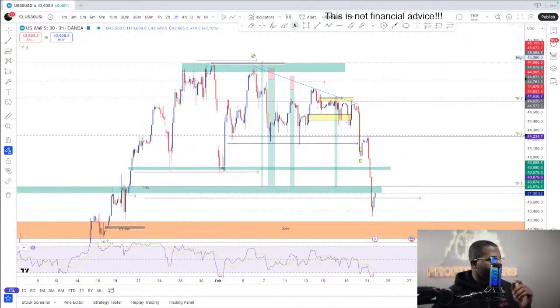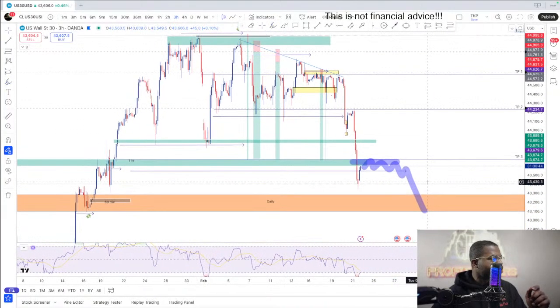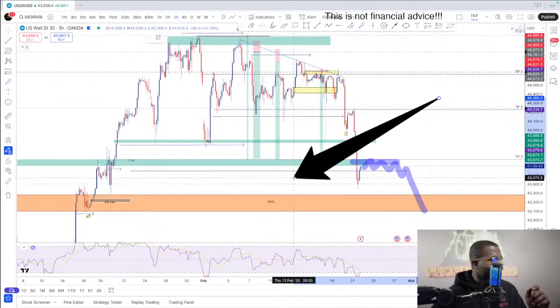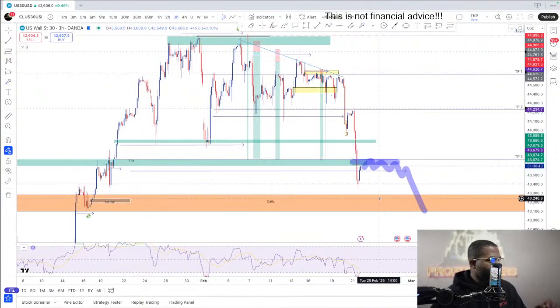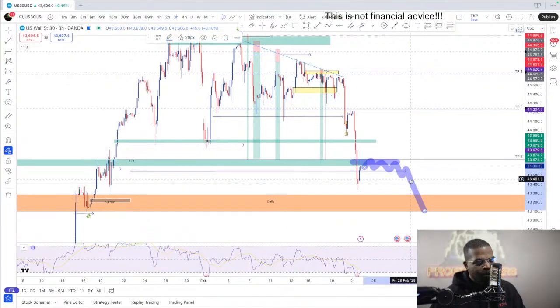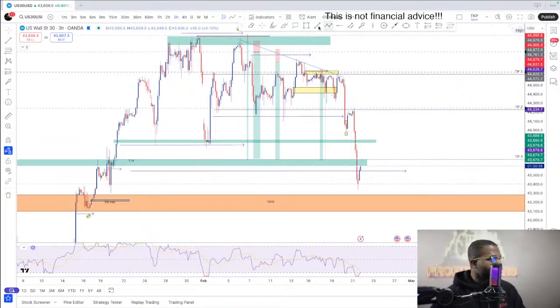There's a good chance that we could see a rejection at this area and a continuation of this downtrend to dip into this daily zone that we have right here. And from there, maybe Tuesday, we can begin looking for a buy on US 30 from that area.